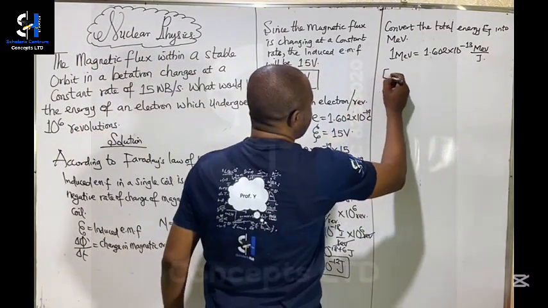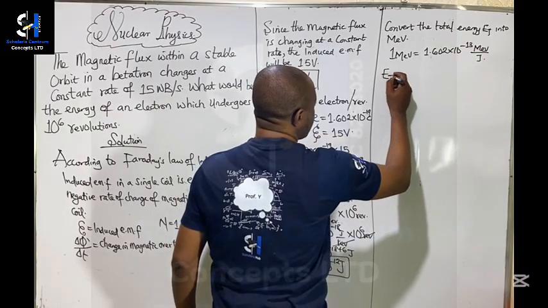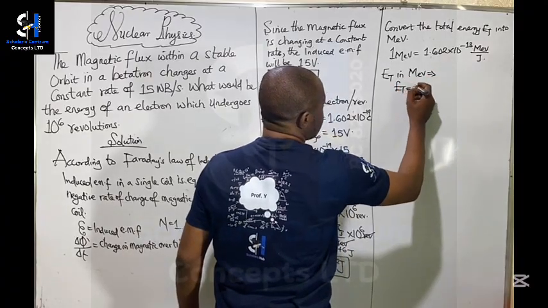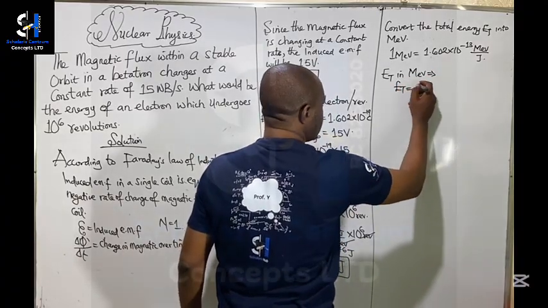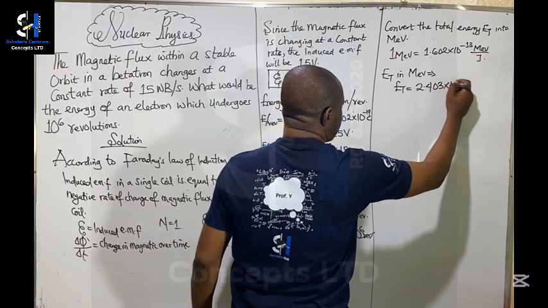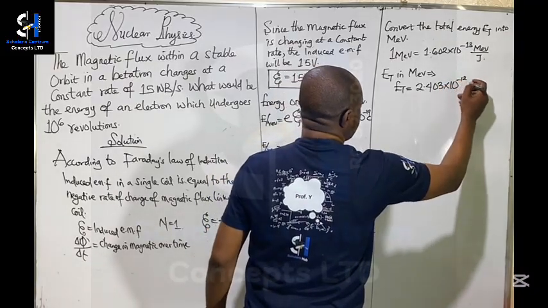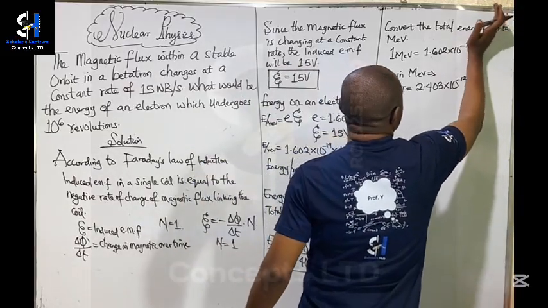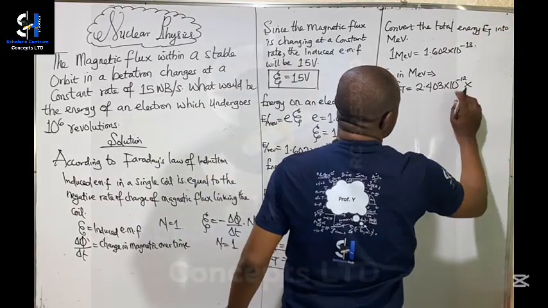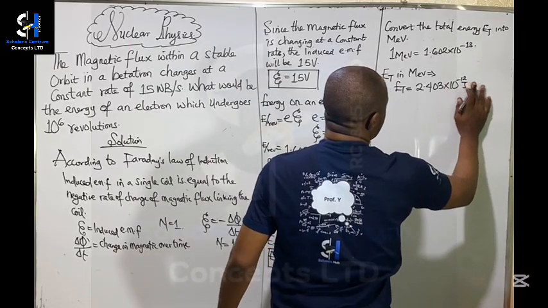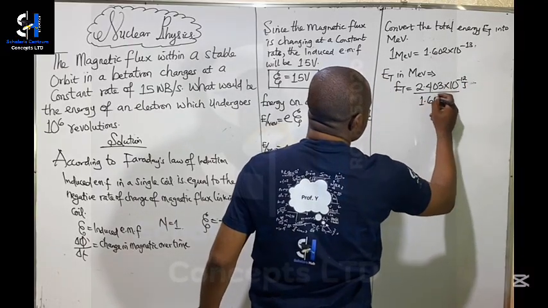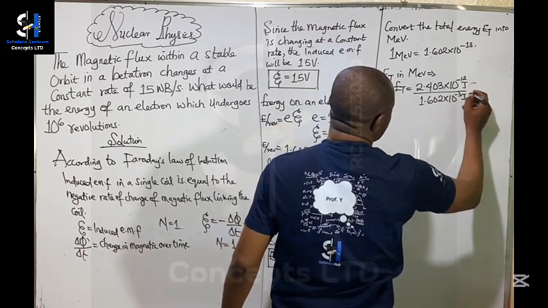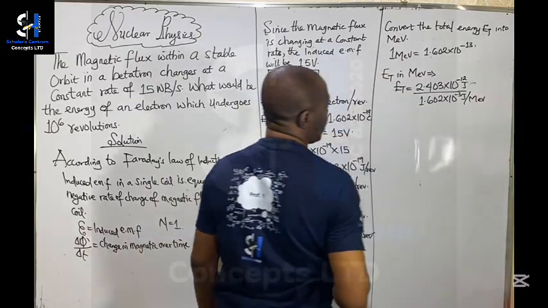So we have the total energy in mega electron volts, which will be 2.403 times 10 raised to the power of negative 12 joules, divided by 1.602 times 10 raised to the power of negative 13 joules per mega electron volt.